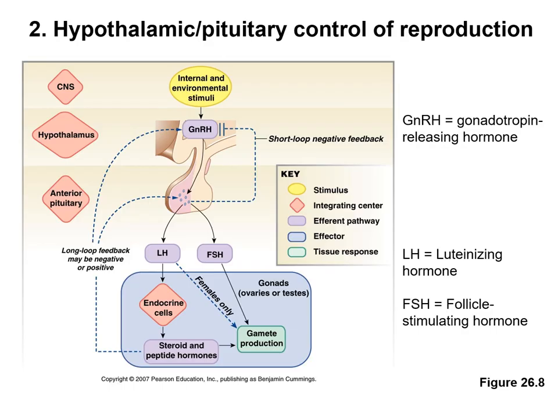This will travel to the anterior pituitary, where in turn the anterior pituitary will produce LH, luteinizing hormone, or FSH, the follicle stimulating hormone. This is in both males and females. Now the LH and FSH will then travel to the target organs. Here now is where we begin to see some differences between the genders, and we'll describe those in more detail as we go through each system.